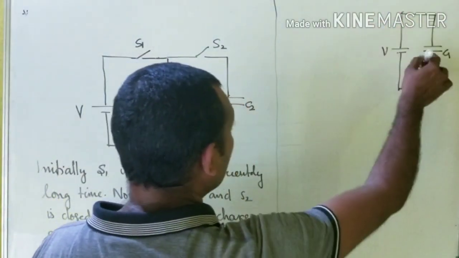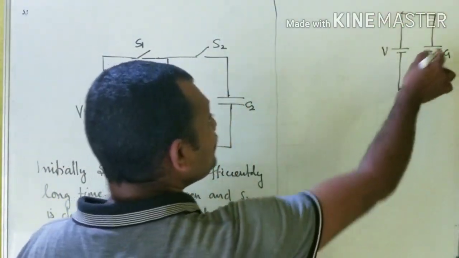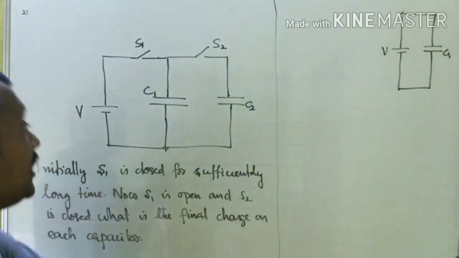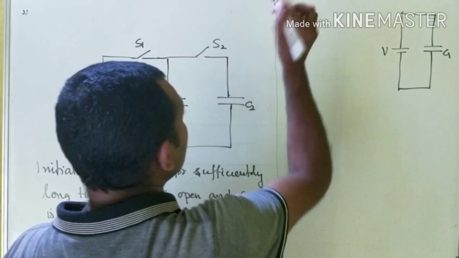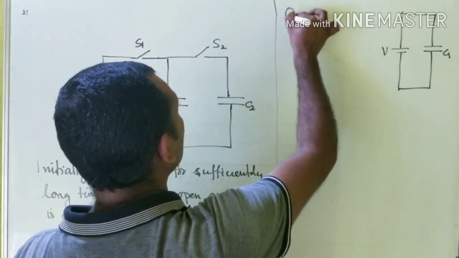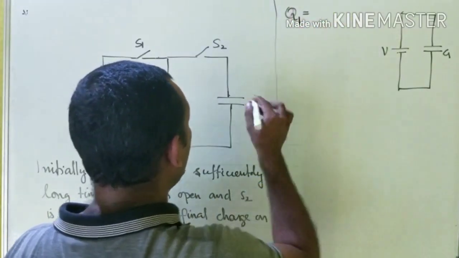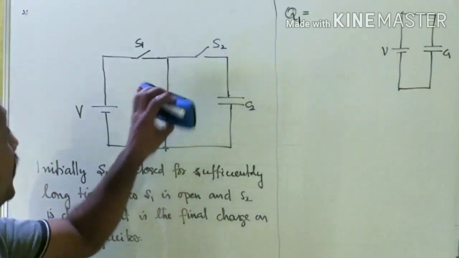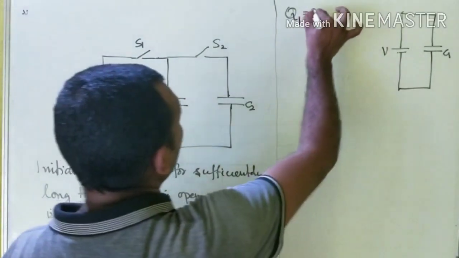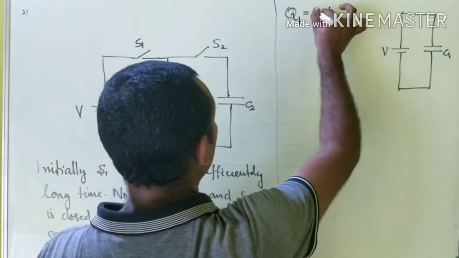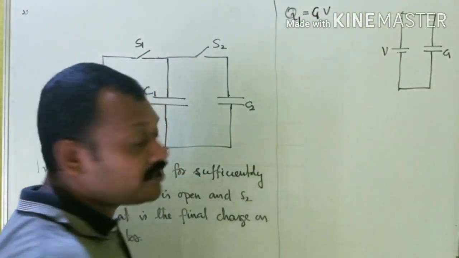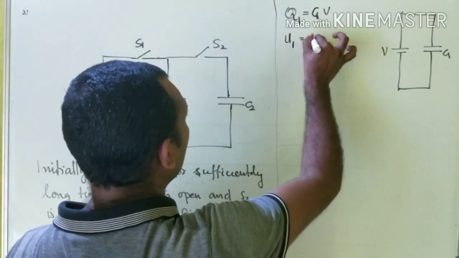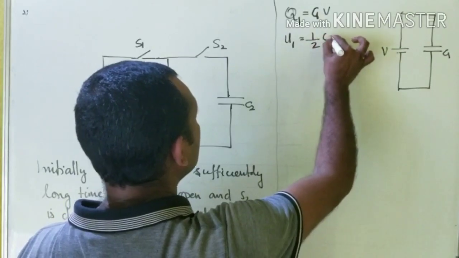As S1 is closed, C1 will charge to a potential V because it is closed for a sufficiently long time. C2 is uncharged because S2 is open. So Q1 is equal to C1V, and the energy on capacitor 1 is half C1V square.